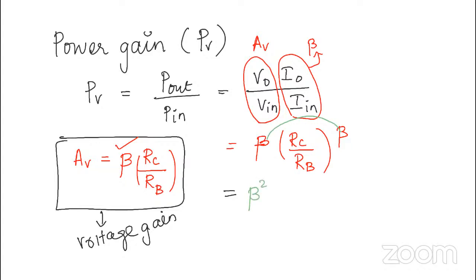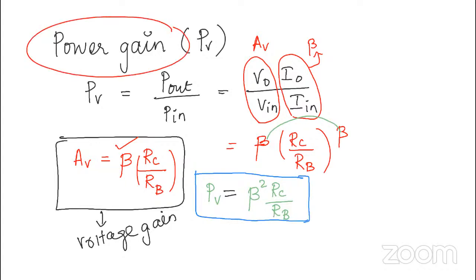So beta square into RC divided by RB. Okay, so this is PV. This is one more formula for calculating the power gain. So to calculate power gain, we are using this formula.